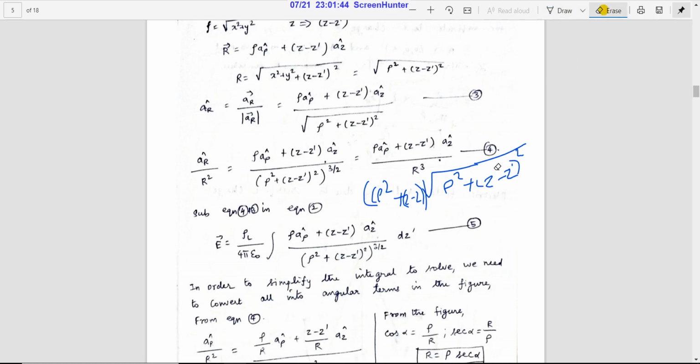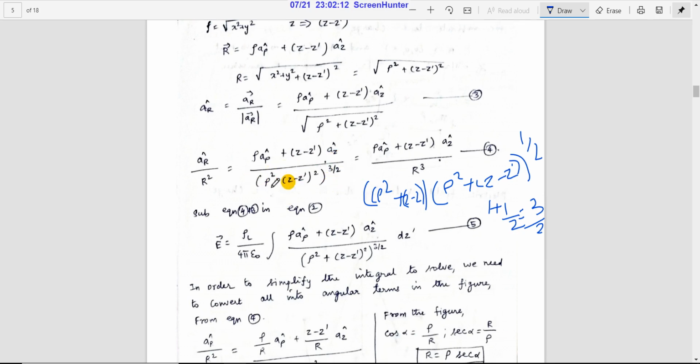If we multiply these two terms, what will we get? This is actually the term with power 1 by 2, and this is the term with power 1.